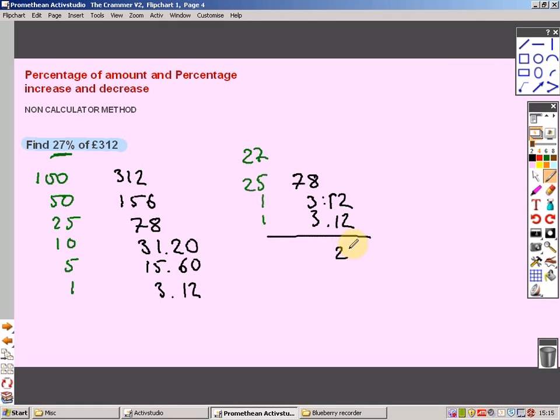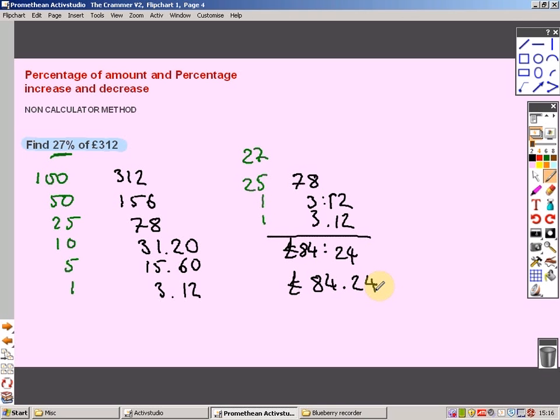Add those up, that's £84.24. Put that in. I shouldn't be doing a double dots there. That's a bad habit. Don't forget in the exam, 84, 1 dot, 24.